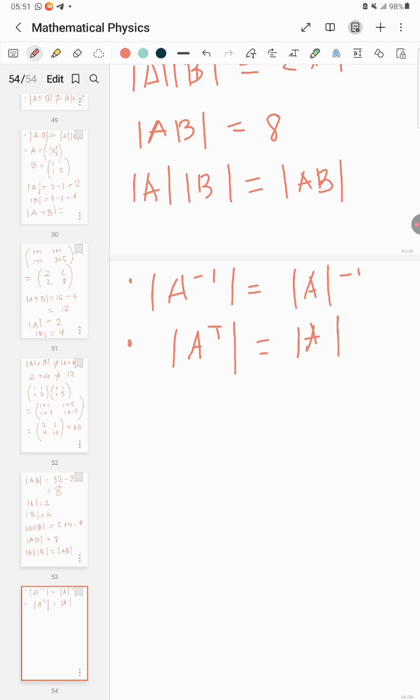Now, if a square matrix A of order n is multiplied by a scalar k, then we can write determinant of kA, where k is the scalar, A is the matrix, is equal to k to the power n multiplied by determinant of A. Now what is n? n is nothing but the order of the matrix.